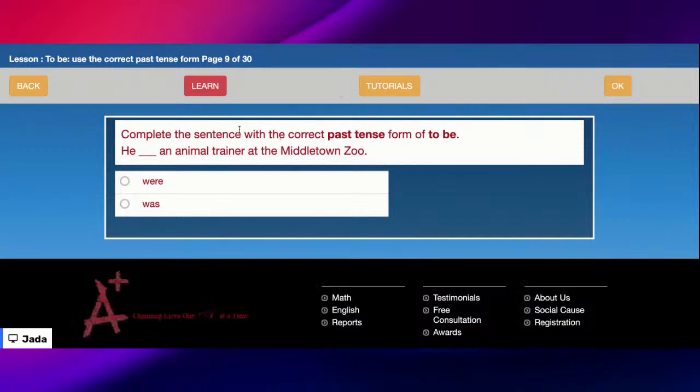Okay, he dash an animal trainer at the Middletown Zoo.